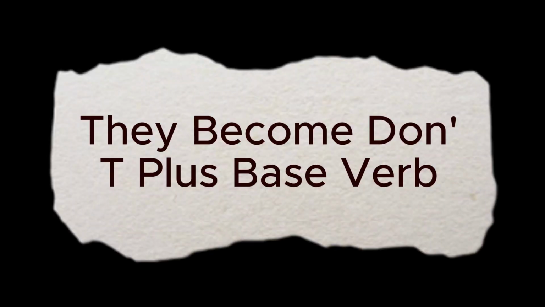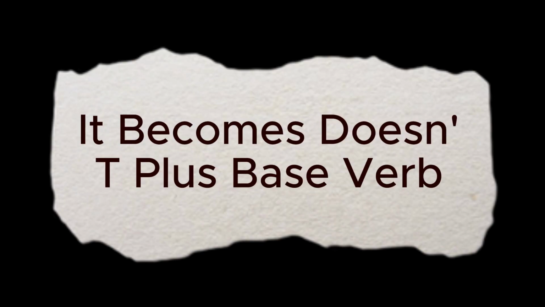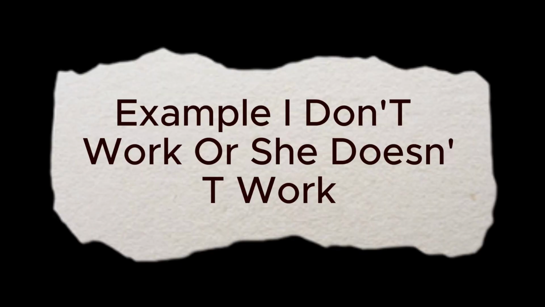Negative: I, you, we, they become don't plus base verb. He, she, it becomes doesn't plus base verb. Example: I don't work or she doesn't work.